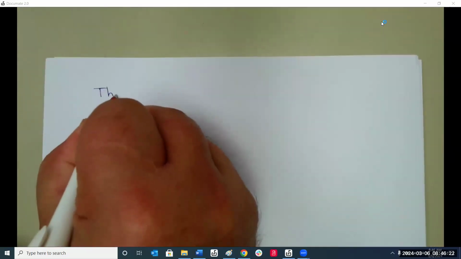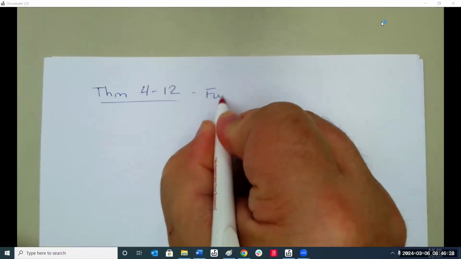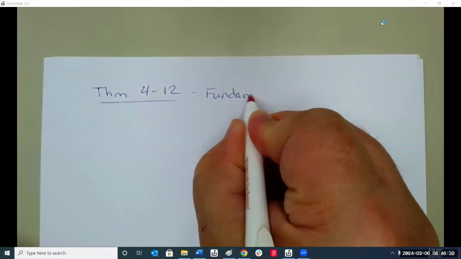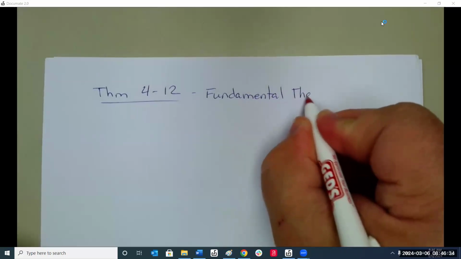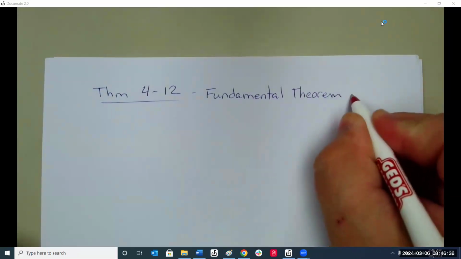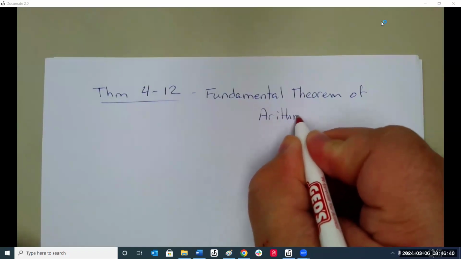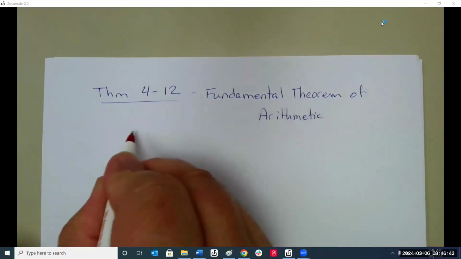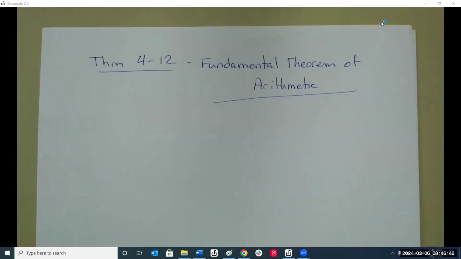This leads us to theorem 4-12, the fundamental theorem of arithmetic. It's on your sheet.